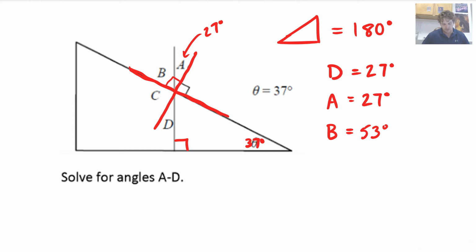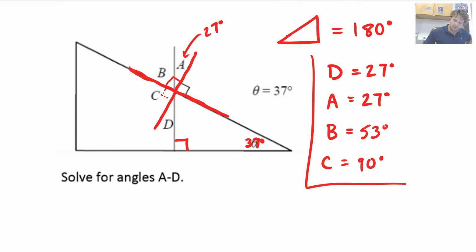And then the last thing right there. Oh yeah, probably could have put this one first, but that C angle right there is going to be 90 degrees. Okay? Makes a right angle right there. There's nothing there taking up any of the 90 degree angle. So all of our answers are right there. And it's literally just kind of putting the pieces around and seeing what makes everything add up to follow the rules. Okay?